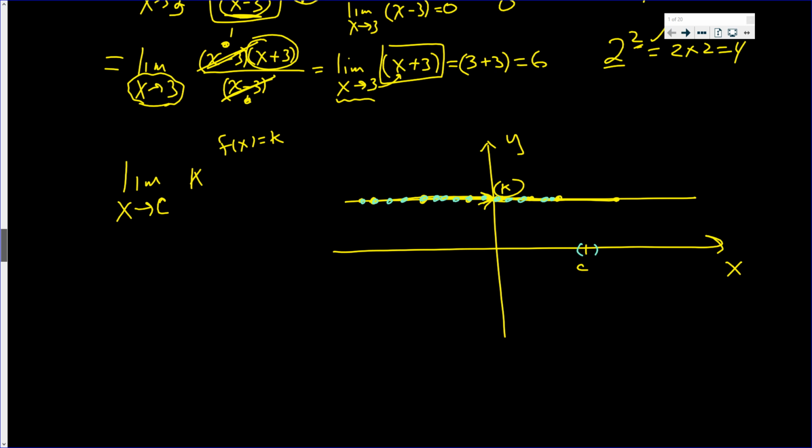In fact, every blue dot, the y value is k. Now, let me approach c from a little bit more than c. I'm getting closer to c. Oh, why am I playing as if c is there? I apologize.